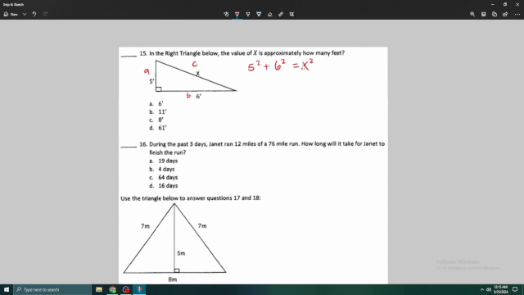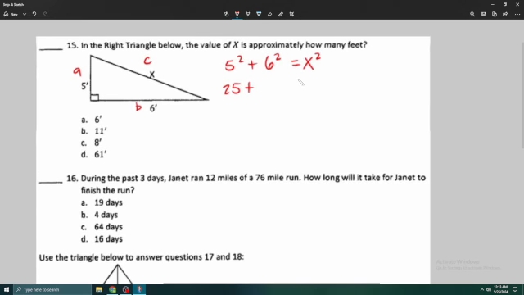This one's not too bad. I know that 5 squared is 5 times 5, which is 25. I know that 6 squared is 36, 6 times 6. And x squared, we're not sure yet. 25 plus 36 is the same as 56 plus 5, which would be 61.